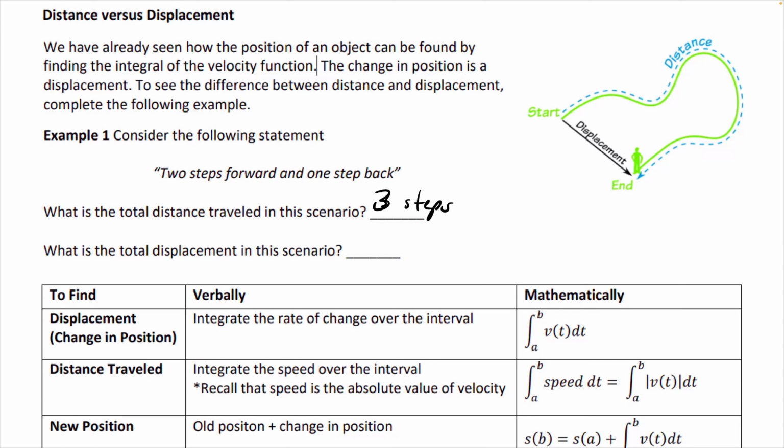Displacement says, how far are you from where you started? 1 step. Even though I traveled 3 steps, I am 1 step away from where I started. That's the difference between displacement and distance. Okay, so that's verbally what it means, and that's kind of the definition.